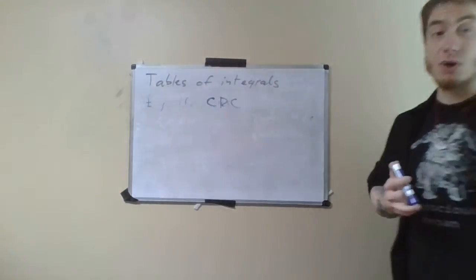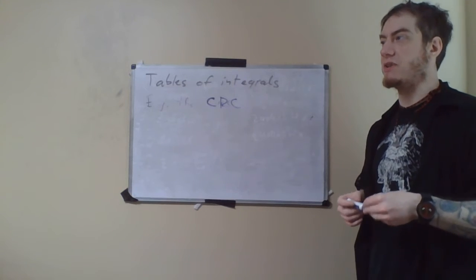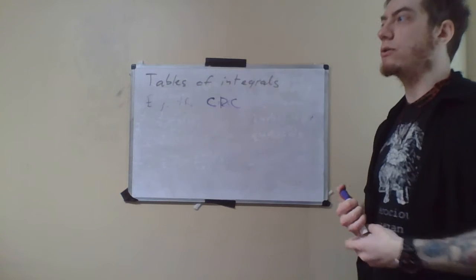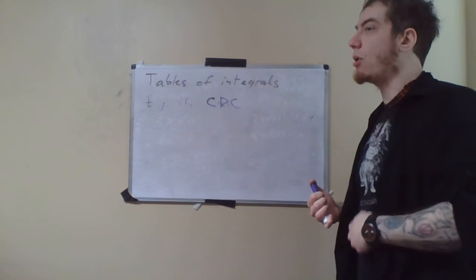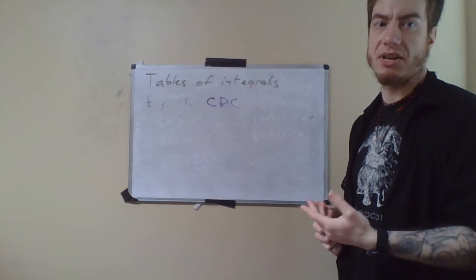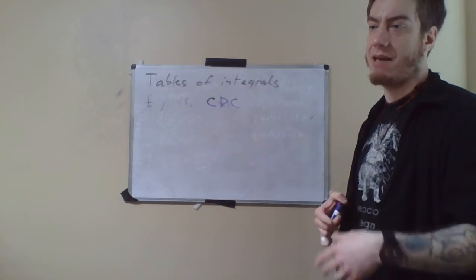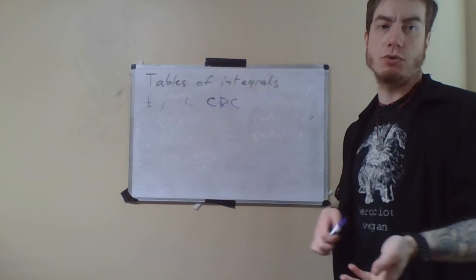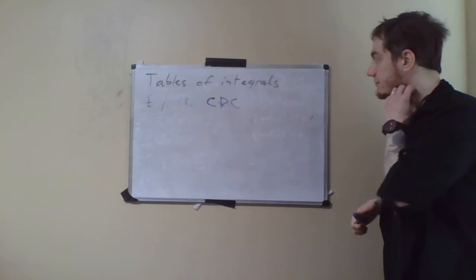And then they do the hard part of finding the antiderivative, which might otherwise require integrating by parts and a trig substitution or something like that. So it saves you all of that time. All you have to do is get it into that format by doing a simple U substitution or something.